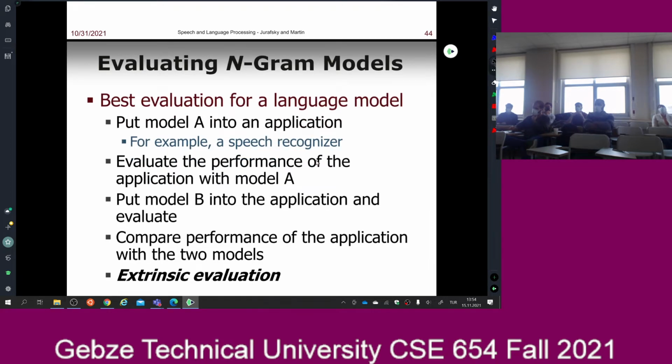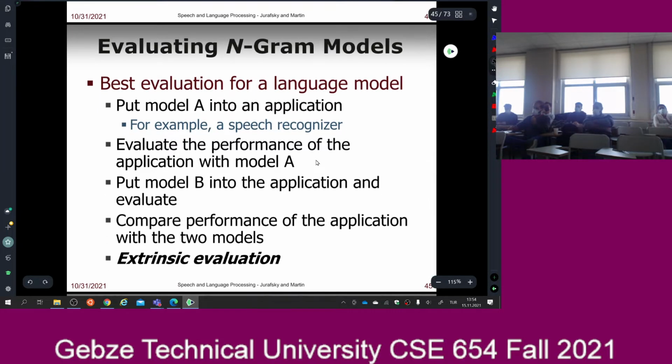Some people say that running this perplexity experiment on your model is not very healthy. You may adjust your model so that perplexity is getting better and better and better. You should test your model in a real world application, okay? That's called extrinsic evaluation.